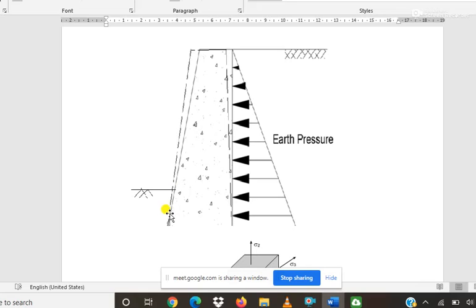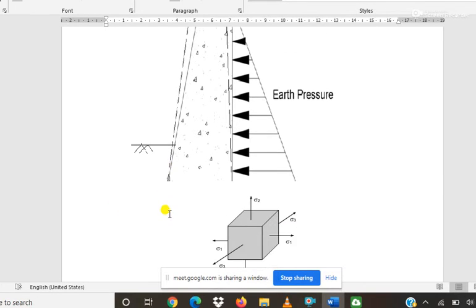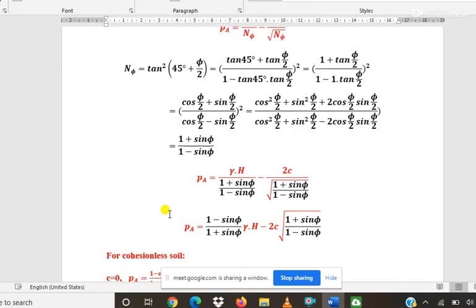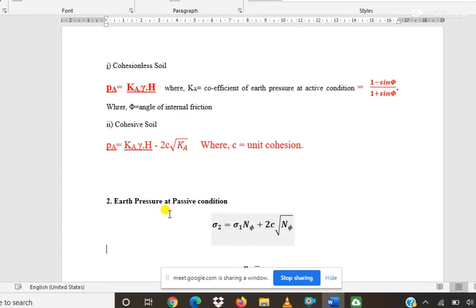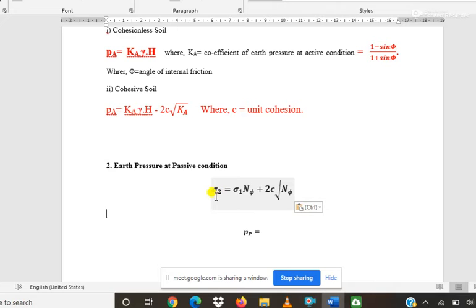But in case of passive pressure, as the movement is increasing, the lateral passive earth pressure will also increase, and that's why the increasing value of passive earth pressure will be considered as the major principal stress, which is sigma 2.